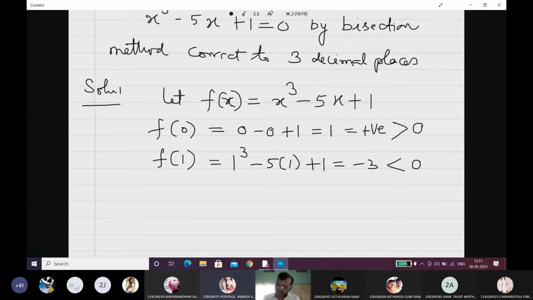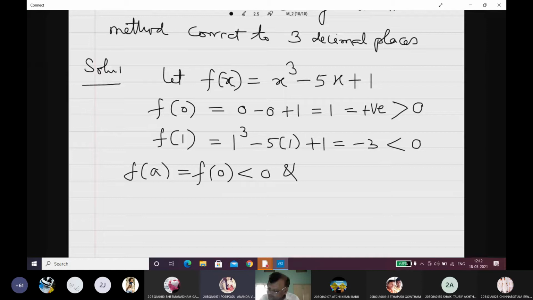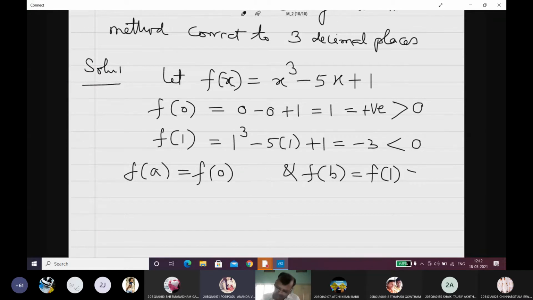Now, you have to write down. F of 0 is greater than 0 and f of 1 is less than 0.